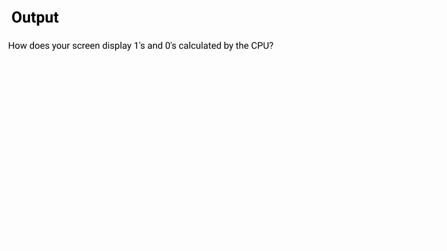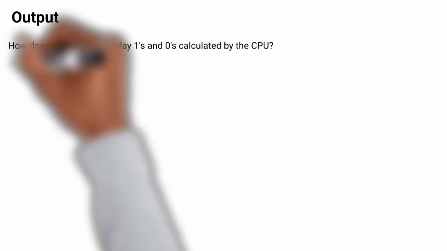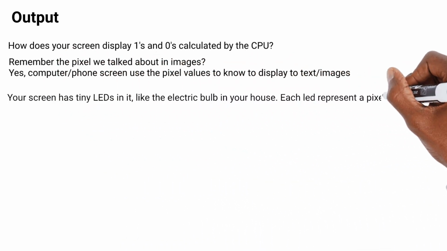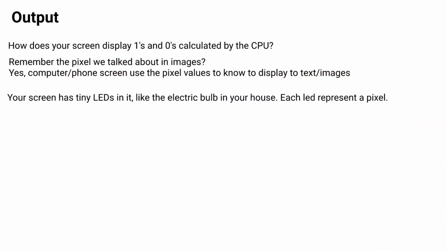So how will the computer screen process this information for us to see? You remember what I taught you about pixels, about images. So the computer screen uses pixels to display the text and the images that we get from the CPU, and the computer screen uses something called LEDs.